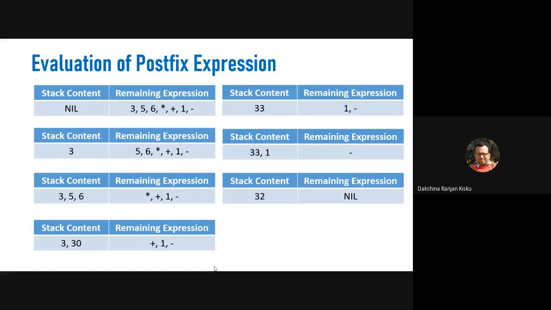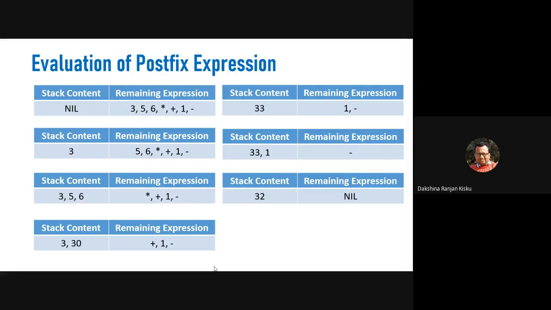This is an example of evaluation of a postfix expression, where a number of steps are involved. Initially the stack is empty, and in the remaining expression column we write the whole postfix expression.